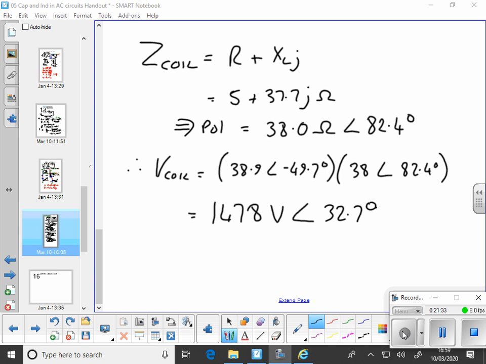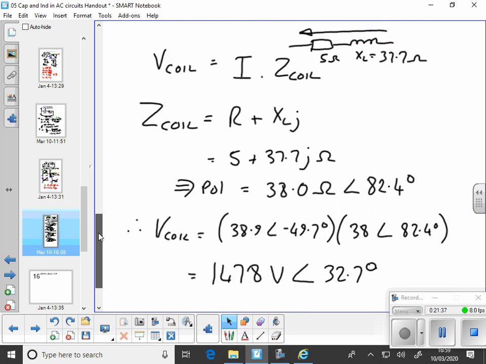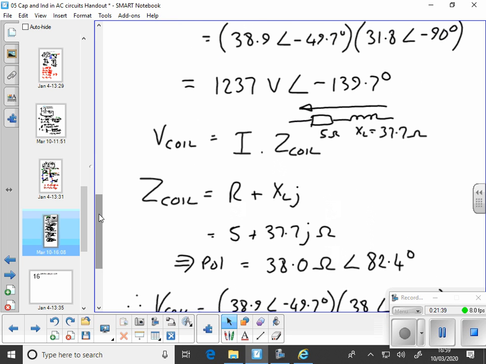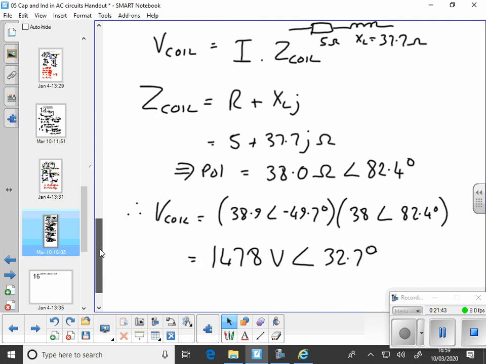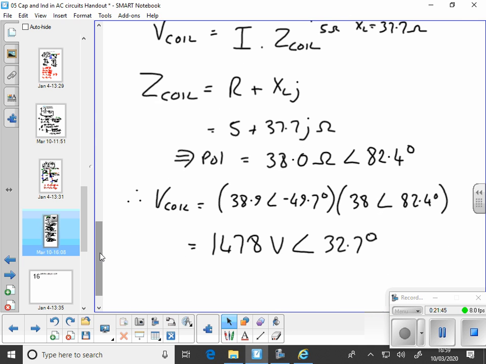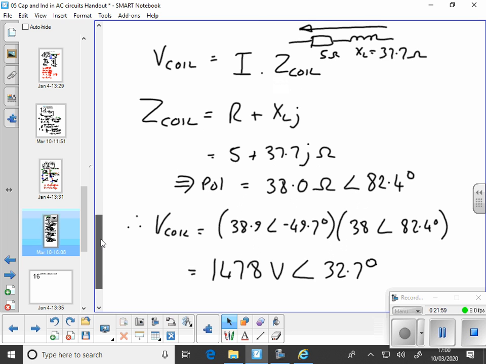So the circuit with 300 applied will have voltages of 1237 across the capacitor and 147 across the coil. Now you might say Kirchhoff's voltage law is not being obeyed. If we add together 1200 and some and 1400 odd, we don't get 300.